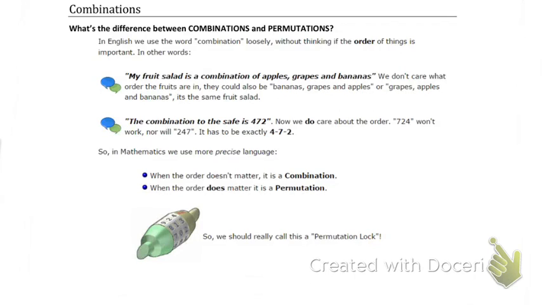On the other hand, if you have a combination to a safe, you have to put every digit in order. So order definitely matters. This second example is called a permutation, because order matters. And the one above is a combination.